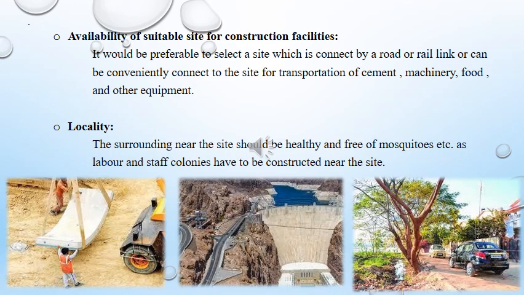And the other factor is the availability of a suitable site for construction facilities. So, the dam site should offer a suitable place for location of colonies, etc. It would be necessary to connect the dam site to the nearest rail head by a good road, and also, if economically feasible, by a railway to transport construction machinery and hydro-mechanical equipment.